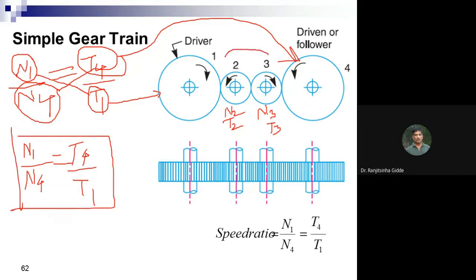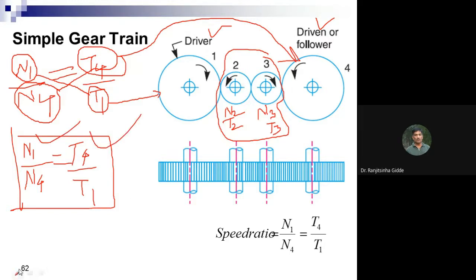So whatever number of gears in between this driver and the driven, those are required to get the desired direction of rotation of this driver. So these gears and their speed and number of teeth do not affect the velocity ratio.